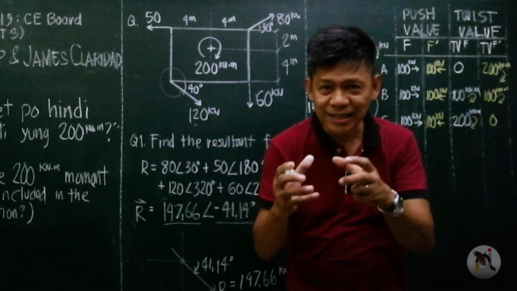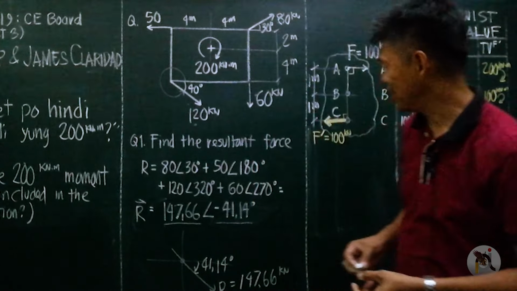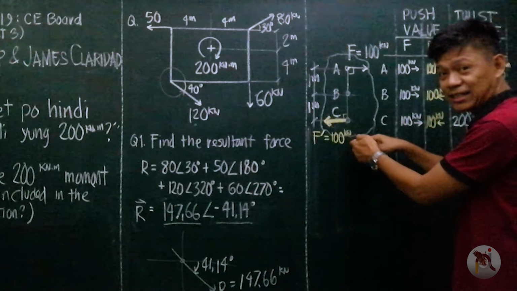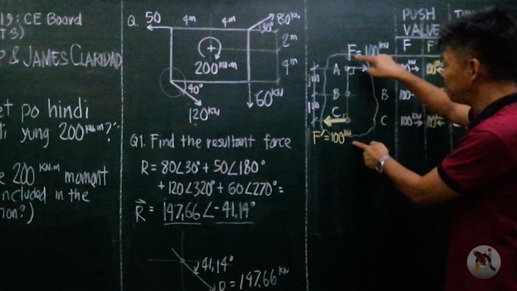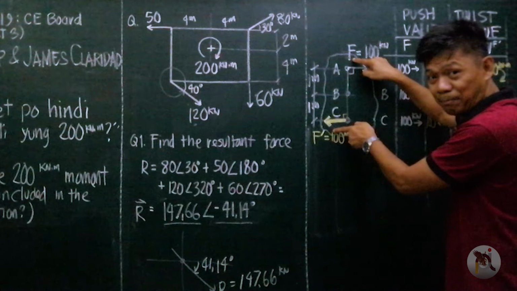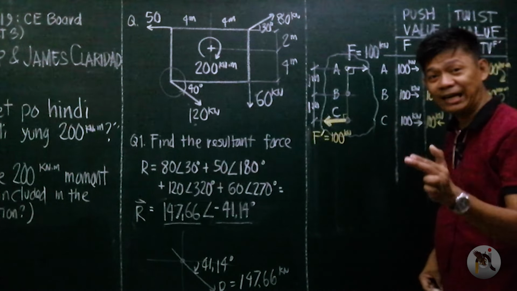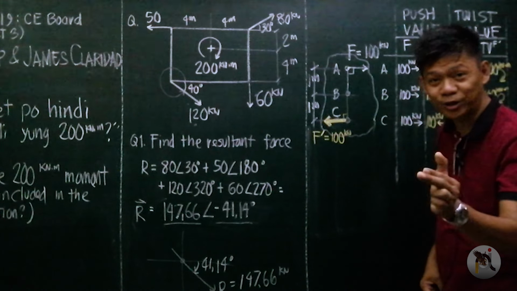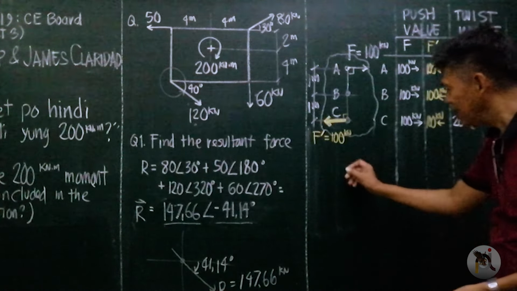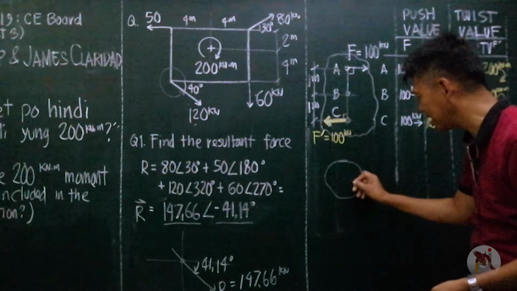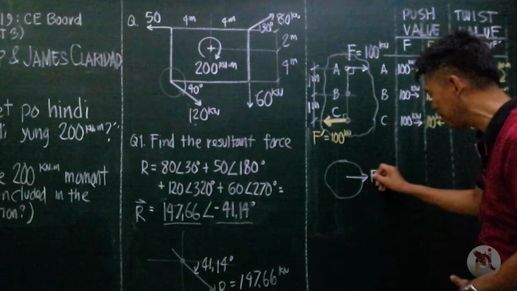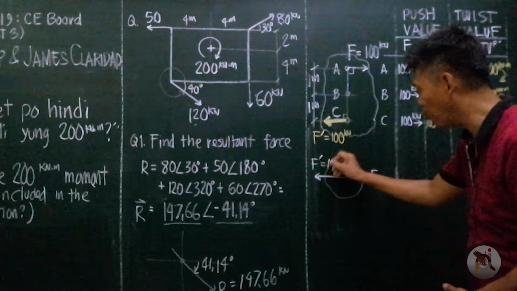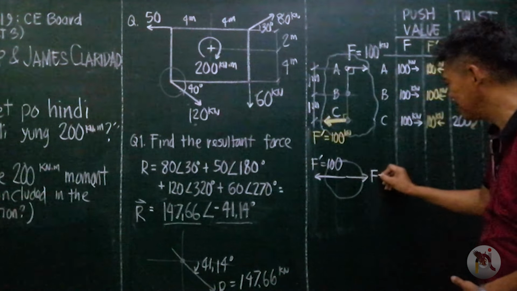Now, let us elevate our discussion. Let us say that this object is acted upon both by F and F prime. If we get the resultant force, look here. If you have this object, this is your F, and this is your F prime, both equal 100.